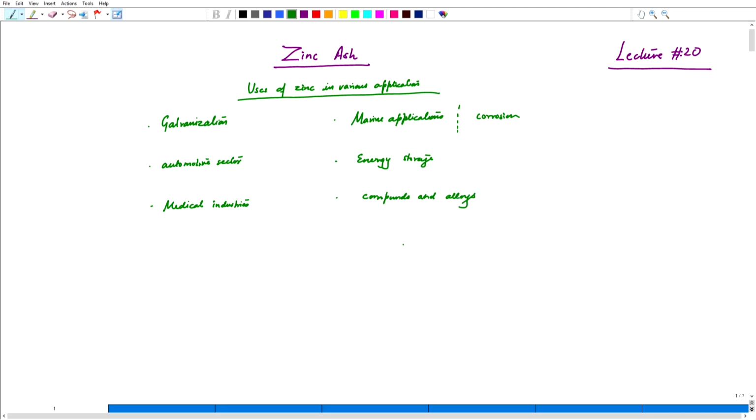Zinc is an important alloying element in various other metals and their alloys. So, zinc addition provides a wide range of properties to these alloys, and then these specific alloys can be used in specific applications.